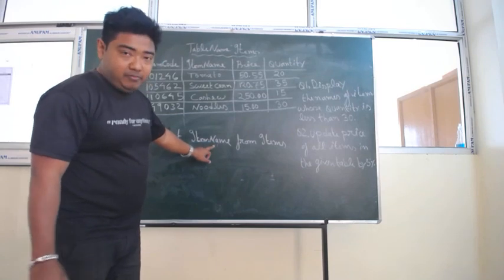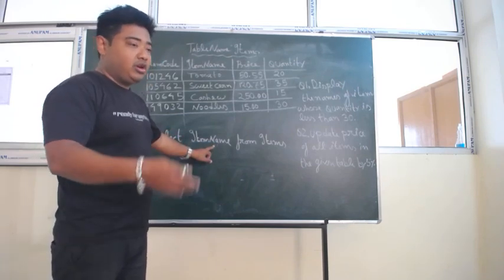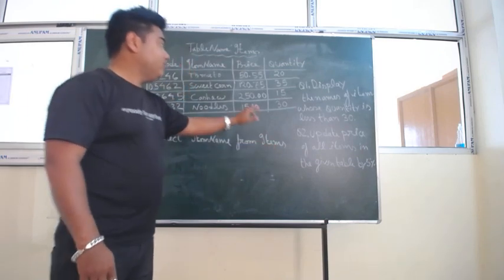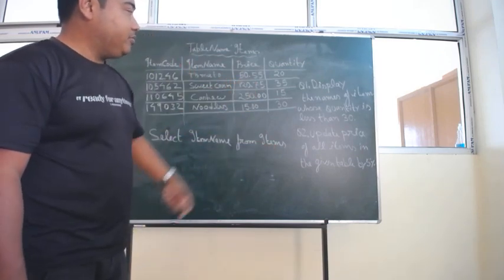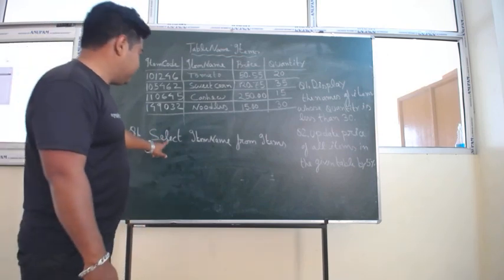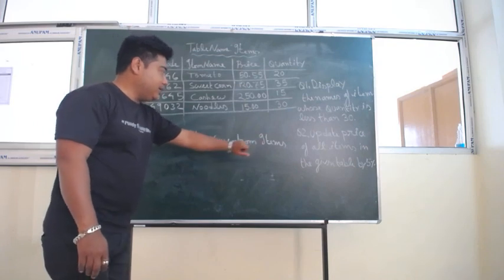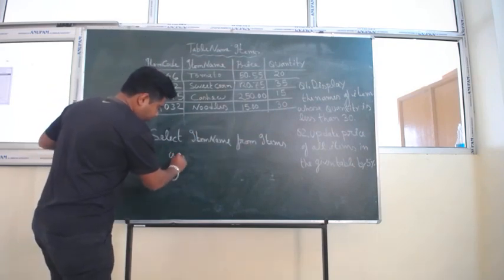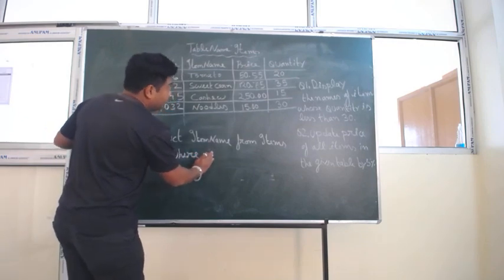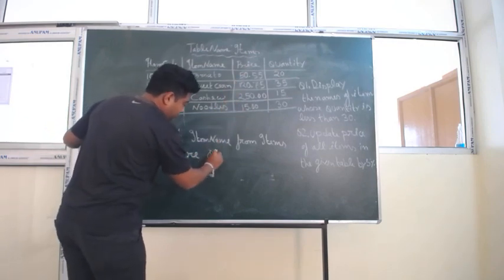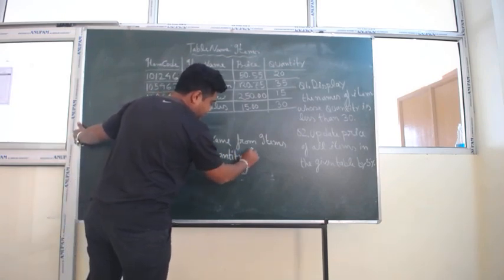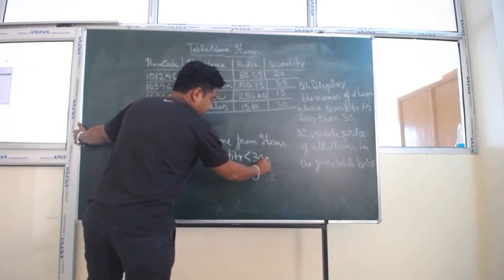Select item name, that means which column we have to display, from the table name. Now the condition: what condition has been given? Whose quantity is less than 30. So select item name from items where quantity is less than 30.